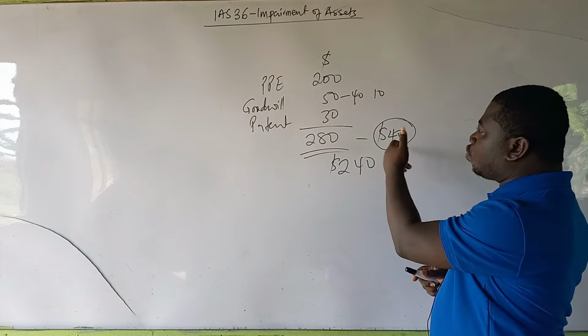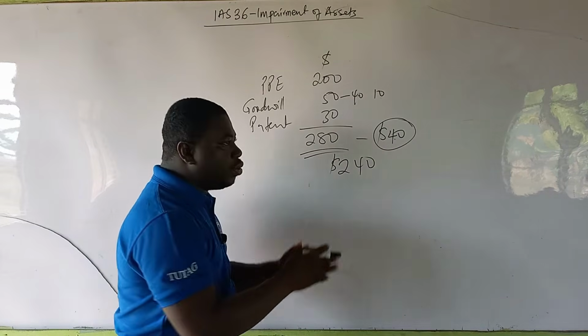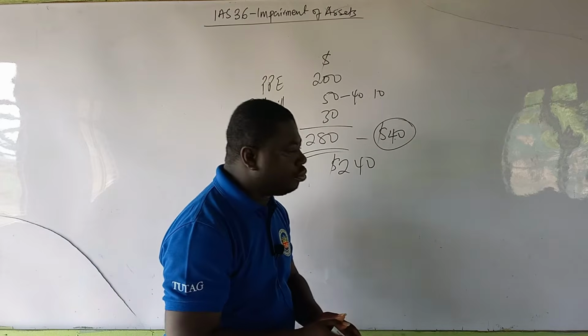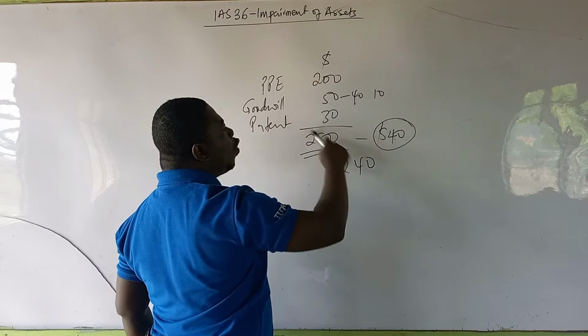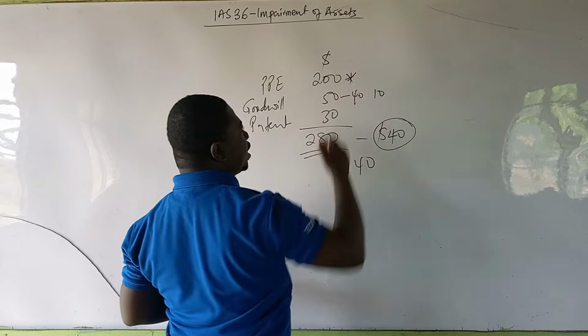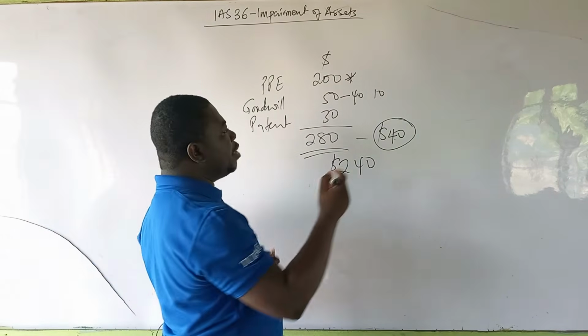Or we can even share 20 each. Sometimes it depends on the criteria that you want to use as a company. But the normal thing and the best thing to do is to make sure that this 40 goes out of the intangible assets, while your tangible non-current assets remain intact and untouched, except you have an impairment loss of, let's say, $90.